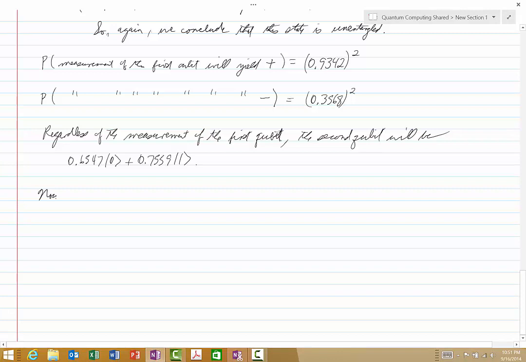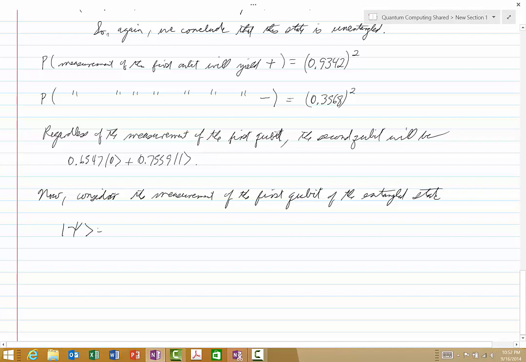So let's consider the measurement of the first qubit of the entangled state, and the example that we will look at here will be 1/2 00 minus 1/2 01 plus 1/2 10 plus 1/2 11.